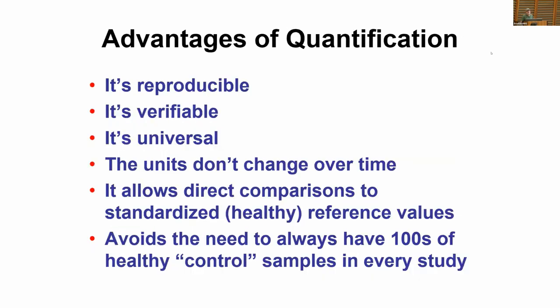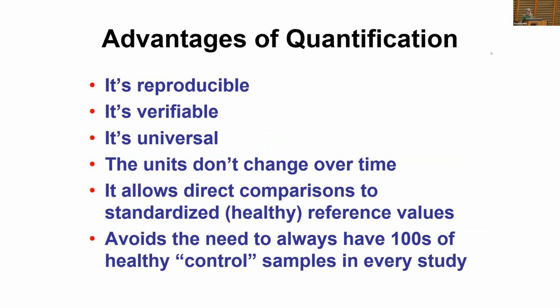The advantages of quantification are obvious. Quantification makes things reproducible. It makes things verifiable. A value, a number, micromolar or mgs per mil, is a universal unit. We all understand it. Those units don't change over time. We haven't changed the definition of a mole for 100 years.